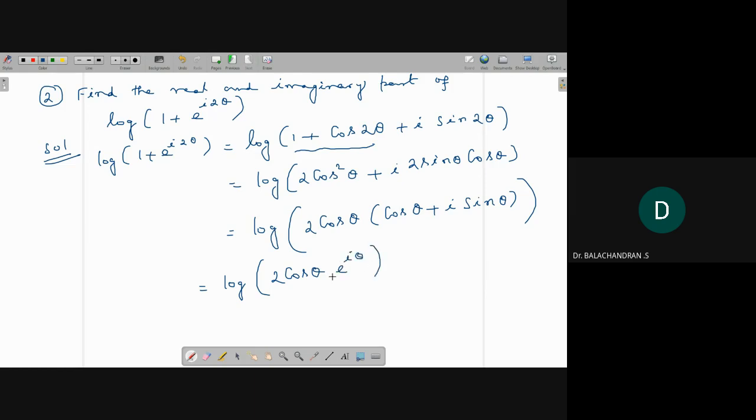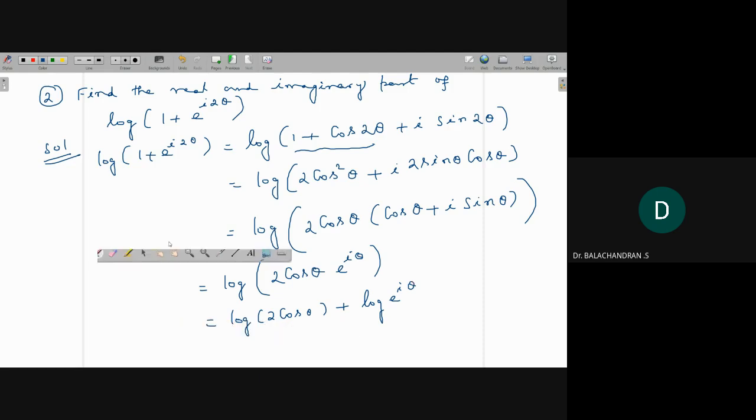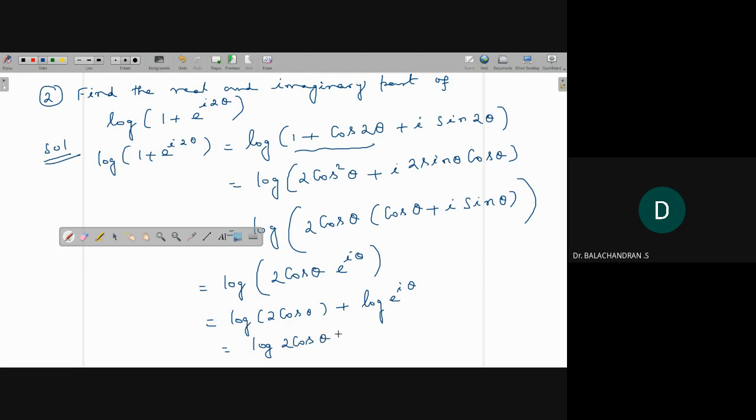Now this is of the form log m into n. So you can write using the properties of logarithm, log of 2 cos theta plus log e power i theta. So now this is nothing but log 2 cos theta plus i theta.